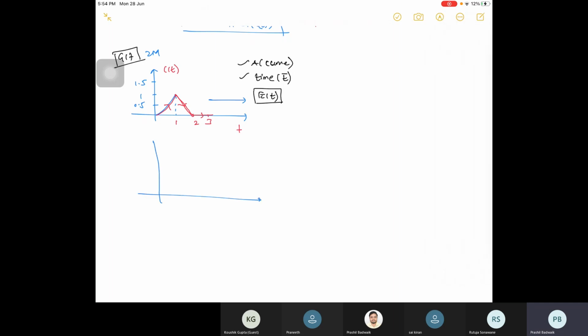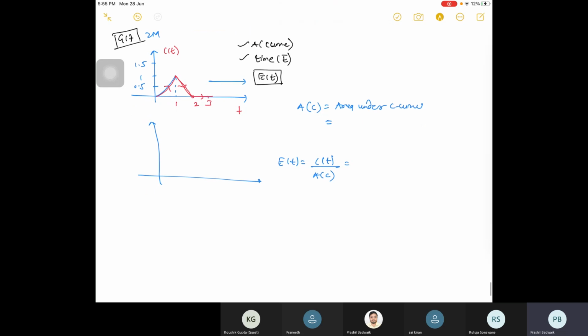That is, you are calculating the area under the C curve. See, this is the area under the C curve. I am writing A bracket C, right? That is your area of triangle. Please calculate. And when you divide C(t) by your area under the C curve, you will get E(t), right? So please calculate your E(t) curve with respect to time.